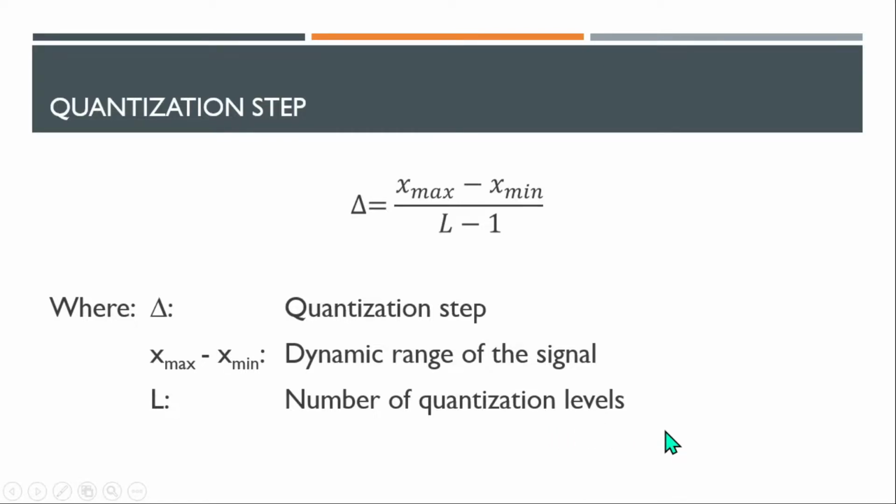The more quantization levels, the better, because delta will be smaller, hence more discrete levels for the values. This will ensure that the quantized value will more likely be near its original analog value.